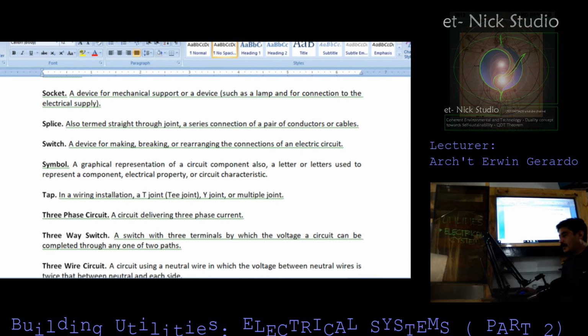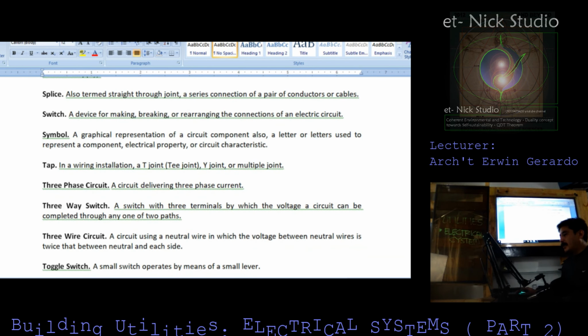Socket, a device for mechanical support of a device such as a lamp and for connection to the electrical supply. Splice, also termed straight through joint, a series connection of a pair of conductors or cables.